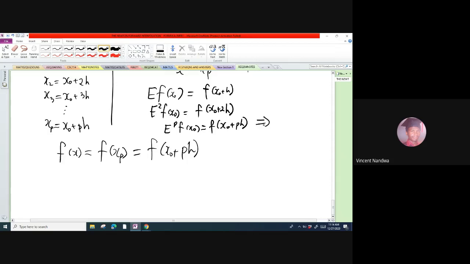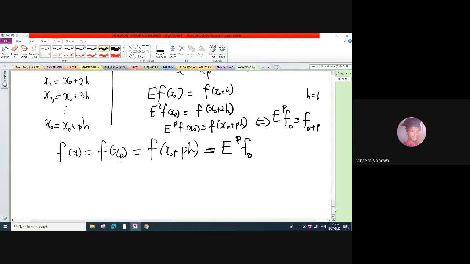Now, this can as well be written as shift raised power p of f naught is the same as f naught plus p, where h is taken to be 1, just as we have seen in case 1. So therefore now we can say that f of x naught plus ph is the same as E raised power p of f naught.